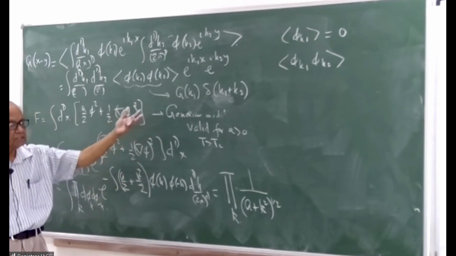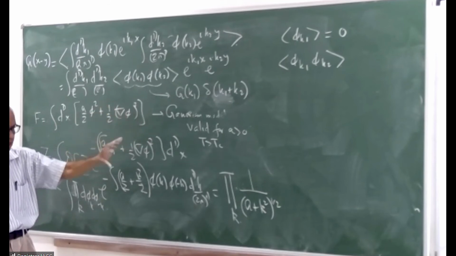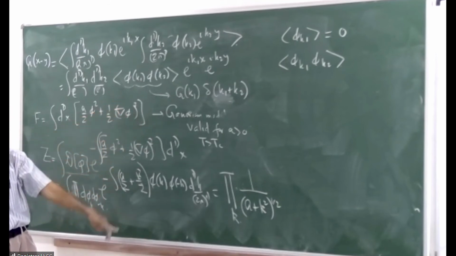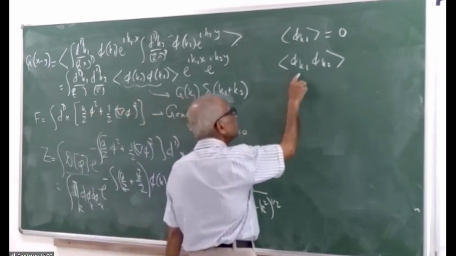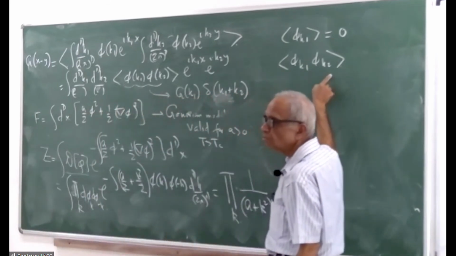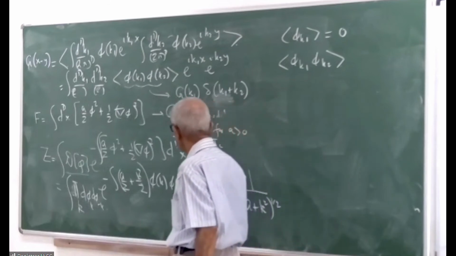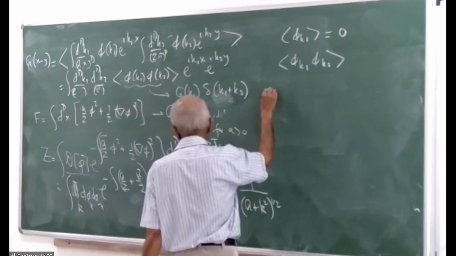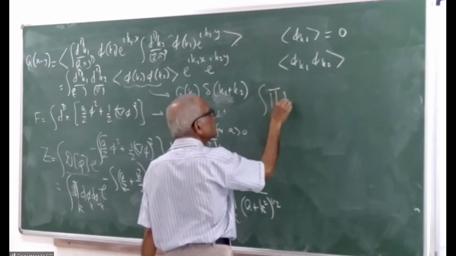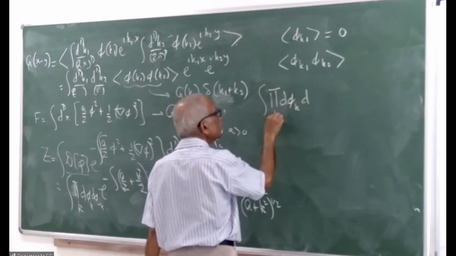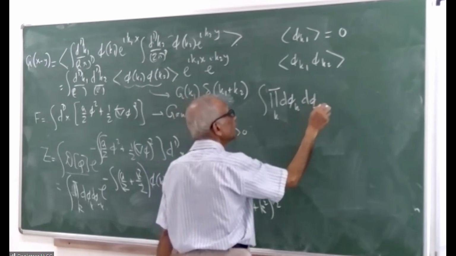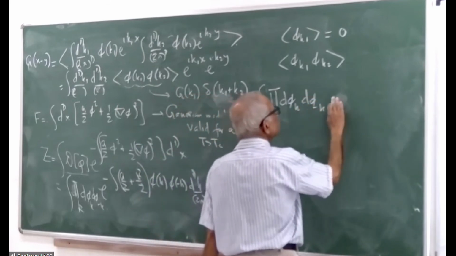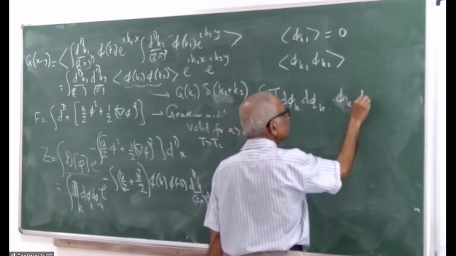Similarly, phi k2 by itself is also 0 on average. And that is going to survive only if k1 is equal to minus k2. If k1 and k2 are not related by a delta function, the explicit form over here is the integral of the product of d phi k, d phi minus k, times phi k1 phi k2.